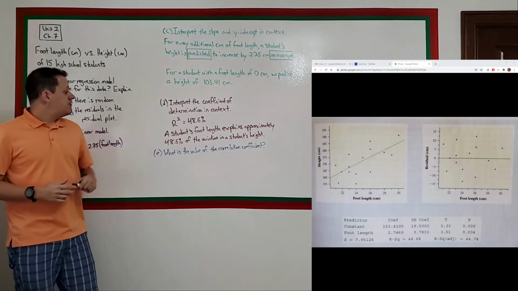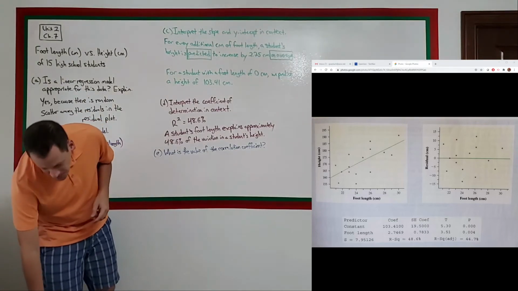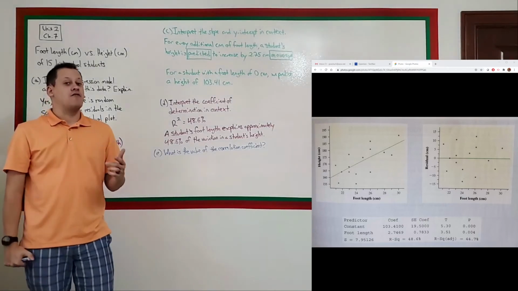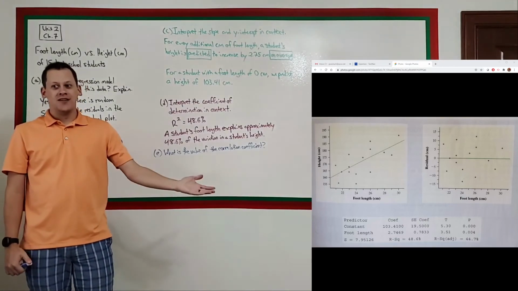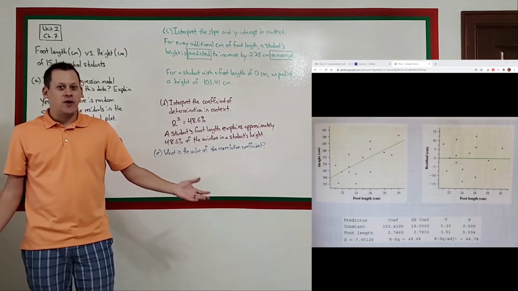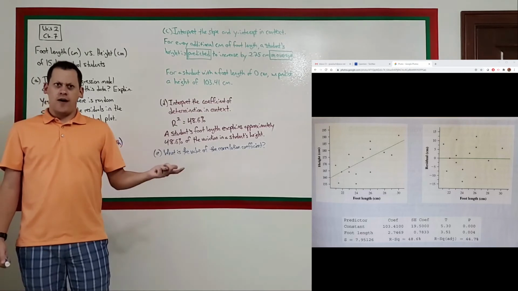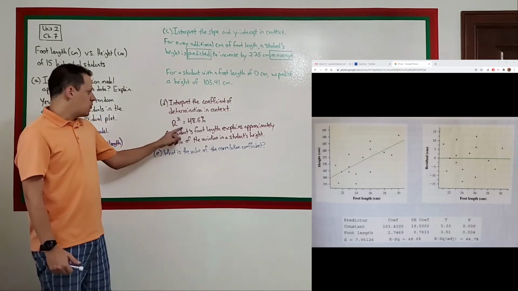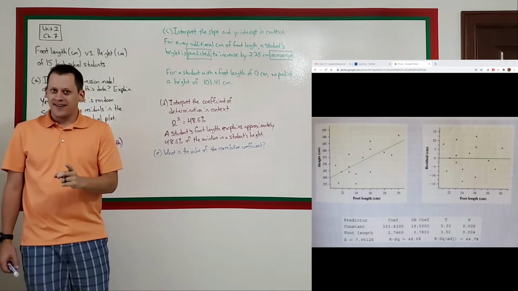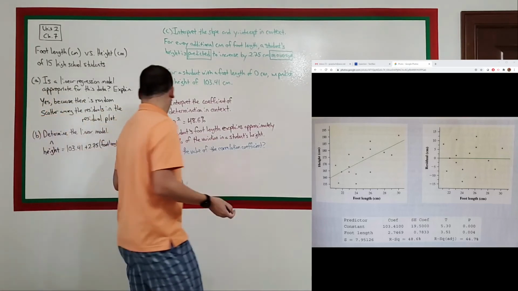Okay, so what is the value of the correlation coefficient? So we talked about how to get r squared from r. But you'll notice in our output here, we don't have r. We only have r squared. But if we square r to get r squared, and we have r squared, how do we get r? We take the square root. I love math.